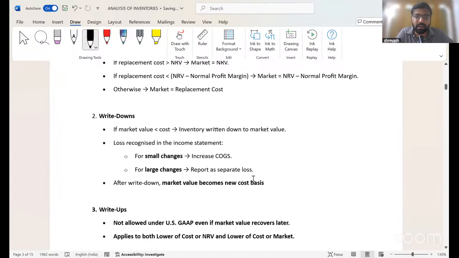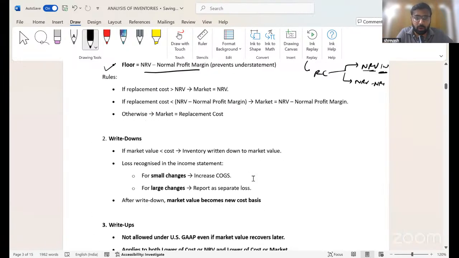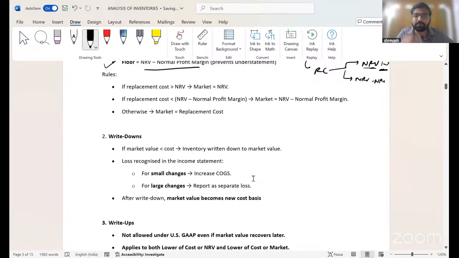Sir, what if there is a write down? Meaning actually the market that was calculated was 95 and the cost of my inventory was 100. There's a write down of 5. That means there's a loss in the value of inventory. Sir, from IFRS, we have been learning that either I recognize that as a separate line item or I adjust it in COGS.